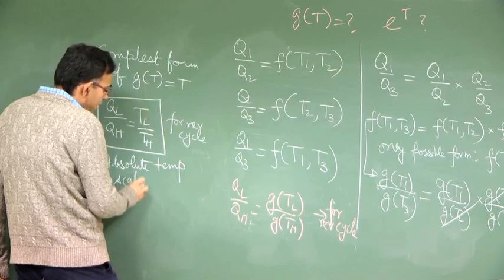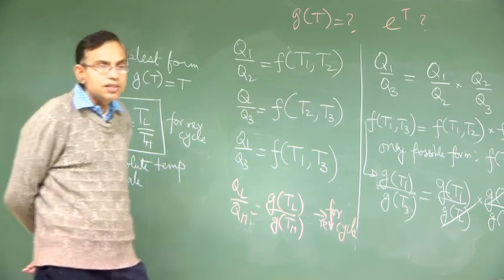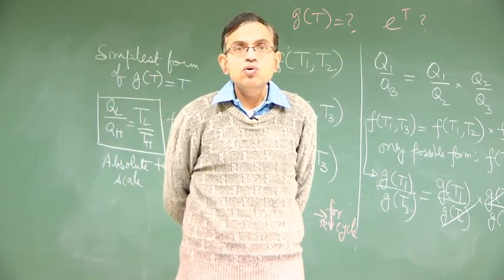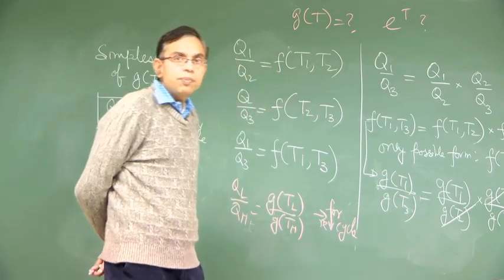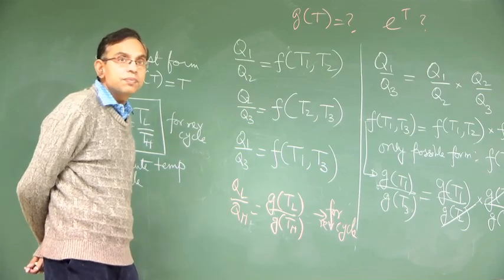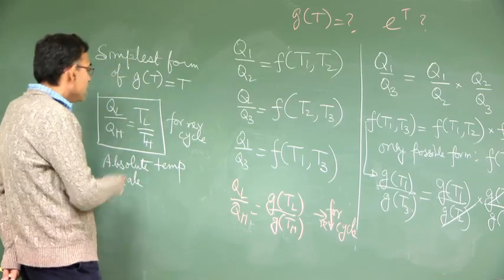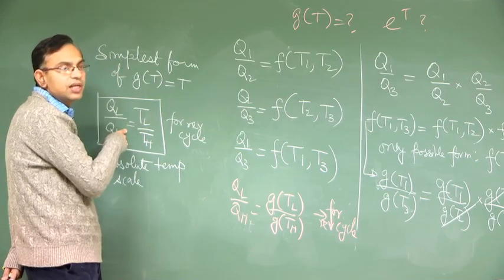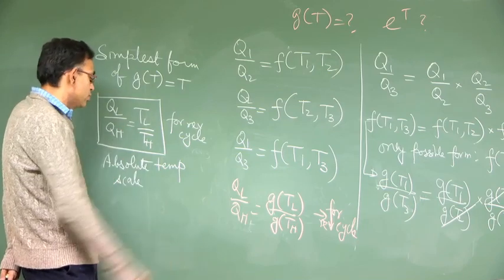Remember that while beginning the discussion on the second law, we promised that we would use the second law to come up with a temperature scale which is independent of the properties of the thermometric substance. So, here you see that the temperature ratios are functions of heat transfer ratios; these are not dependent on which thermometric fluid is being used.